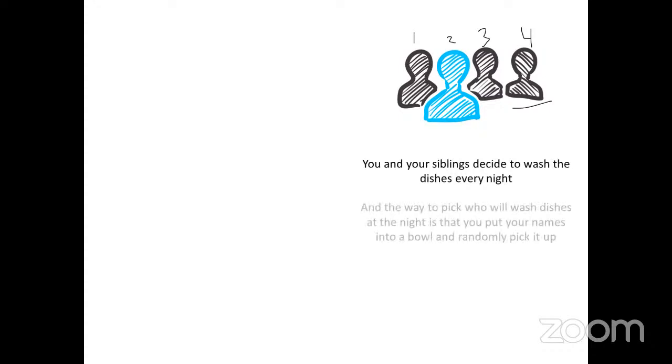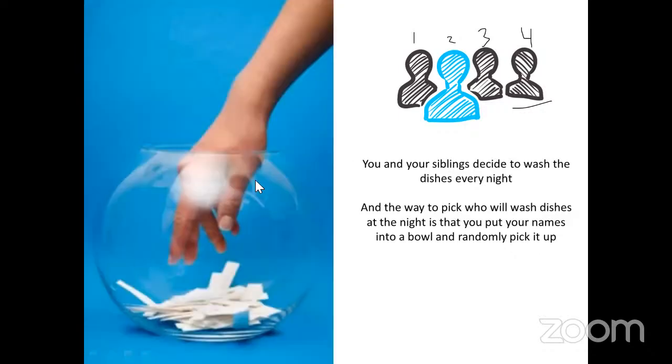Imagine your mom tells you and your siblings to wash the dishes every day. So you decide to wash the dishes every night, and the way you pick who will wash the dishes is that you put your names into a bowl and randomly pick one. This sounds fair for everyone, because everyone has the same opportunity to be picked.